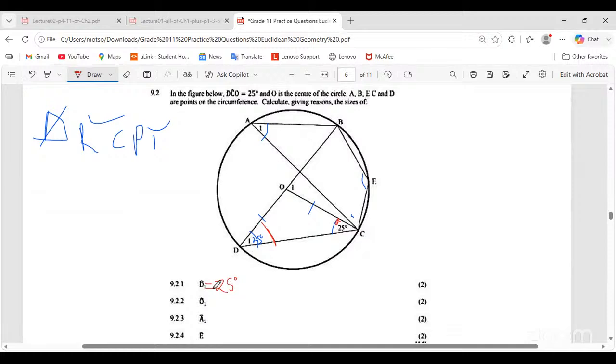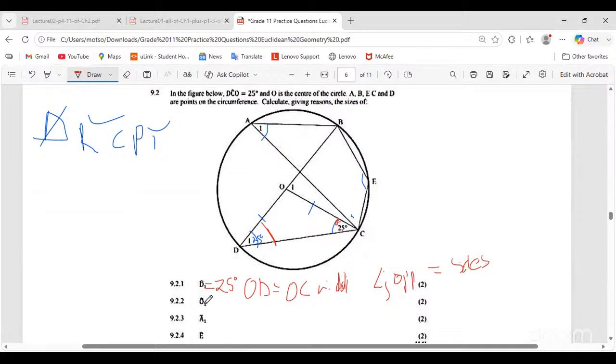Why do we say angle D1 is equal to 25 degrees? It is because OD is equal to OC, that is, radii. Since we have radii equal to each other, why is this equal to that? Because they are angles opposite equal sides.